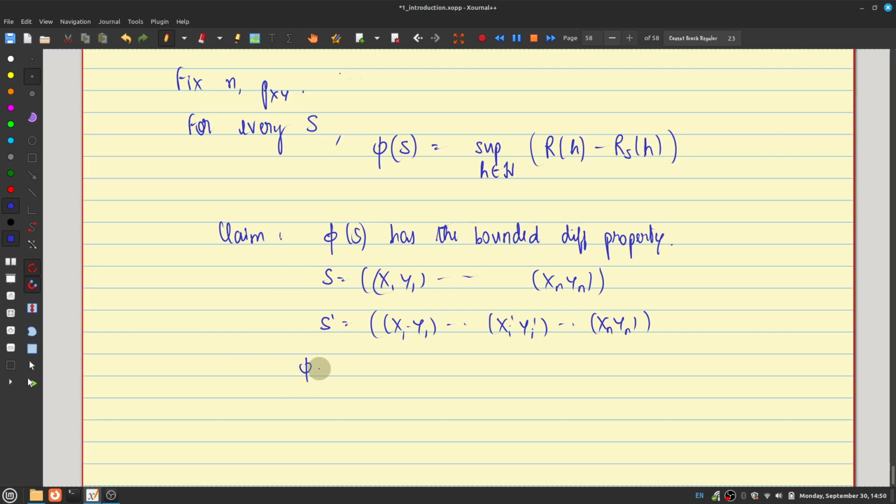So let's look at P of S minus P of S prime. What is this?